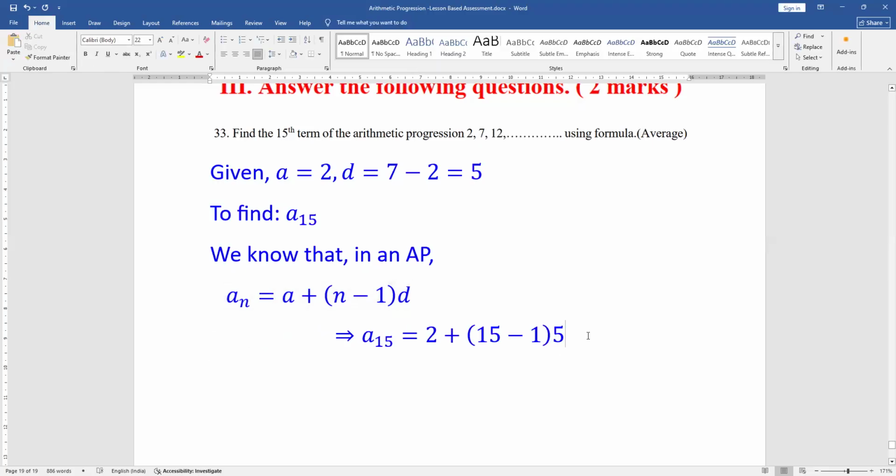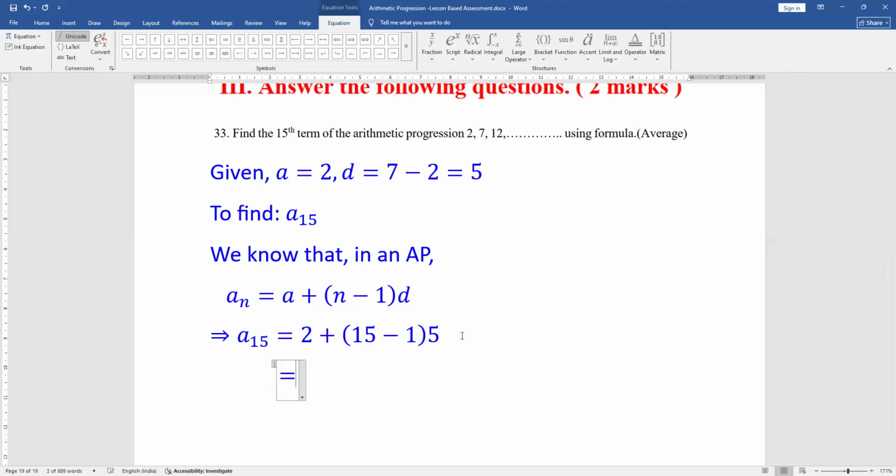Okay, then in my next step, a15 equals 2 plus 15 minus 1. 15 minus 1 will be 14. And as I told you, when there is a bracket, it's nothing but multiplication, so it is the into sign, correct or not?